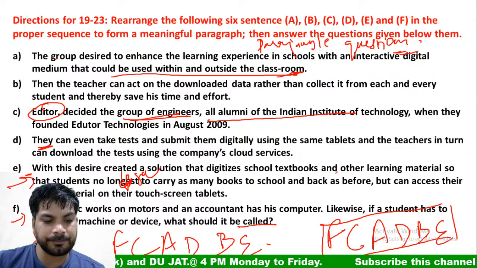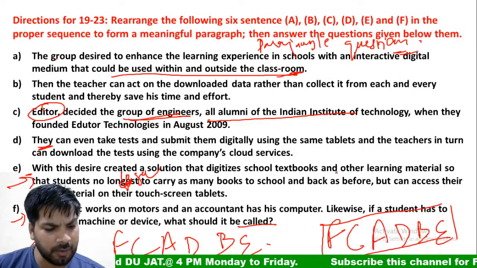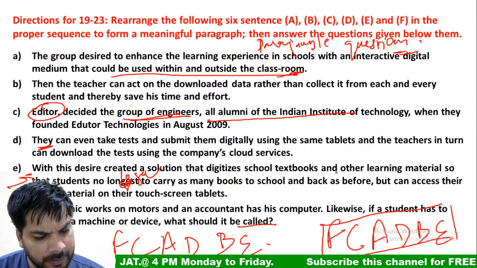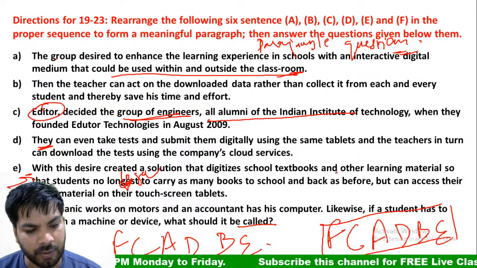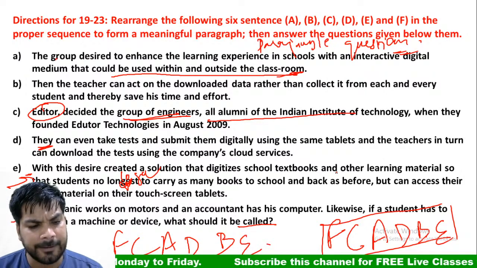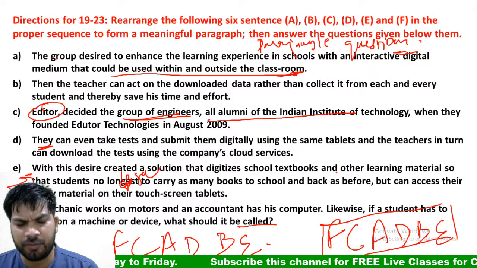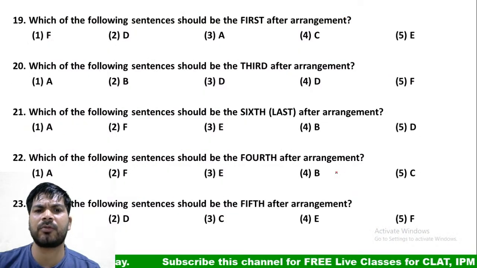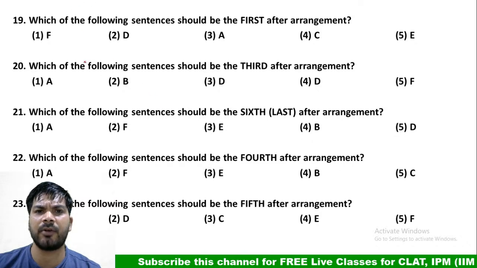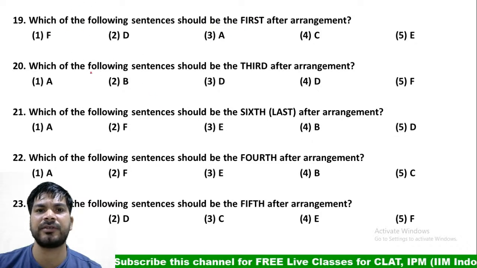I hope it is very clear, right? FCADBE. Yes, Pratap Singh, you are absolutely correct. Sajal also is right. I don't think there should be any problem understanding this particular question. And now question number 19 to 23 is asking about the same thing, which is the following sentences should be the first.